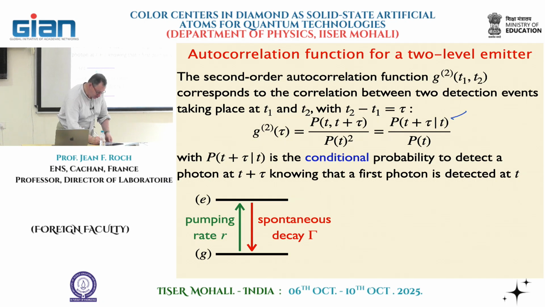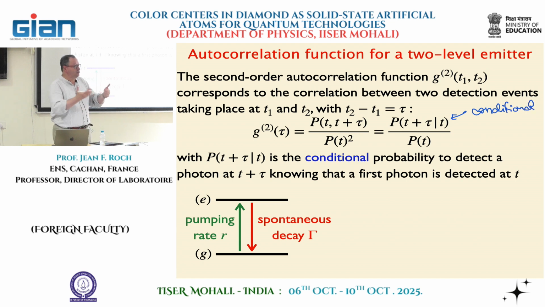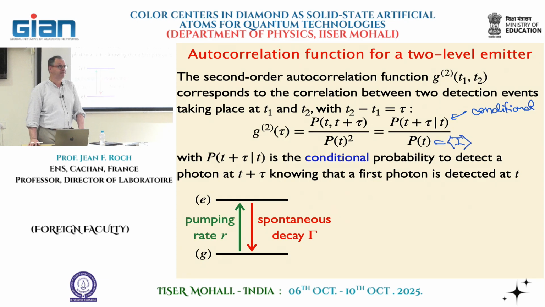This is a one-photon probability, but a conditional one. And then this only has to be normalized by the probability of detecting one photon, which is here the mean intensity, the average intensity emitted by the emitter.